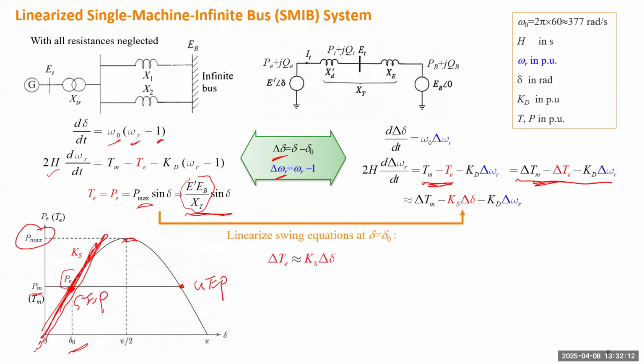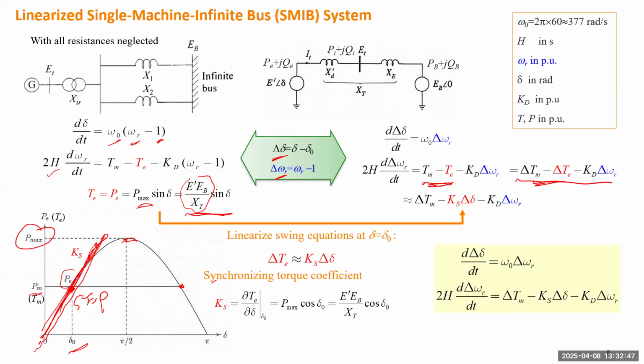So we do the linearization, and that makes the electric torque deviation roughly proportional to the angle deviation. Then we have this formula that tells you what the synchronizing torque coefficient is: basically just the first order derivative of electric torque with respect to angle at equilibrium.